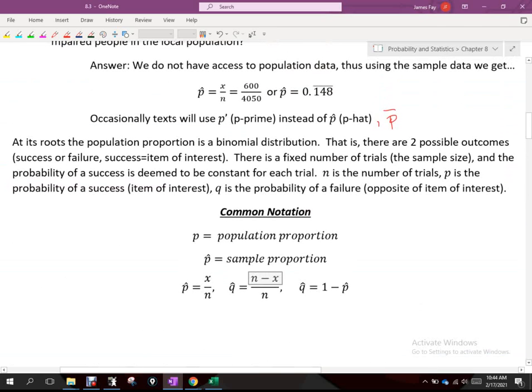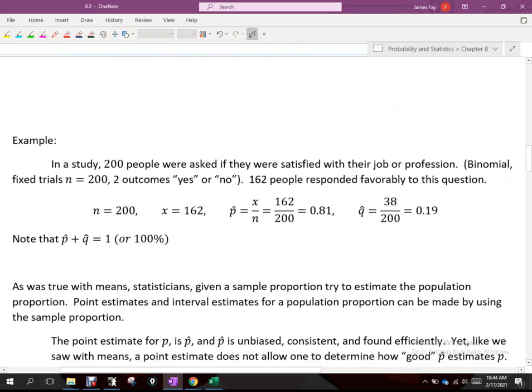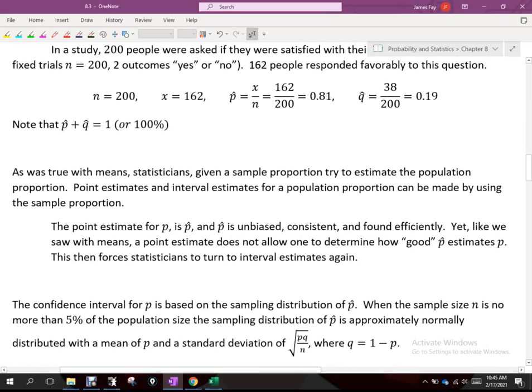Or, what I think is easier, if I know 0.81 said yes, then the complement should be 0.19, and they said no. Notice that p hat and q hat do total 100%, or 1, in this scenario. So as was true with means, which is what we just got done working with, trying to estimate mu.